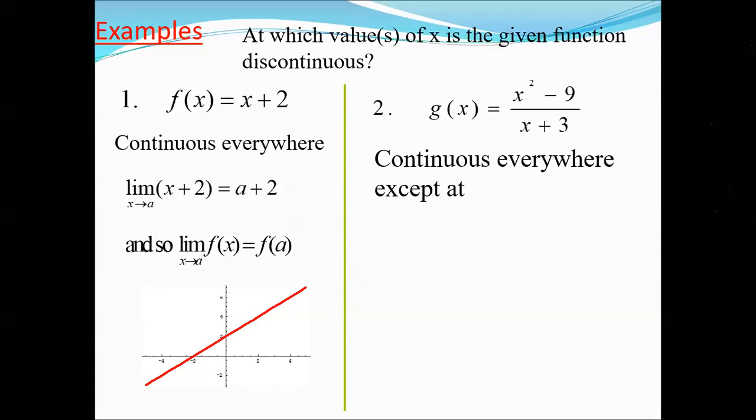It means at minus 3 the function is not defined, so it is not continuous at x equal to minus 3, because at x equal to minus 3 we get an undetermined form. So g of minus 3 is undefined, and hence the function is discontinuous at that point.